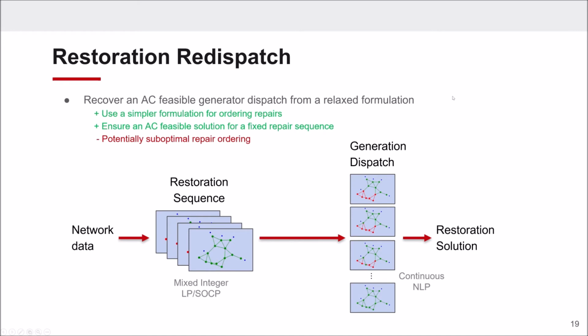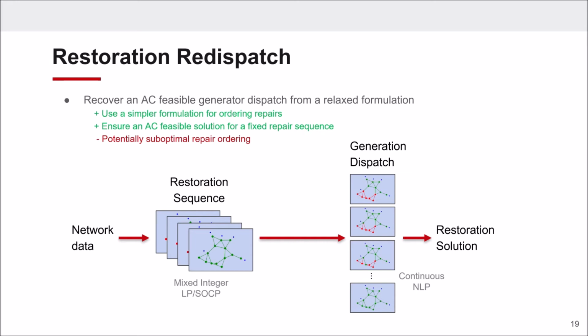Another algorithm we can take a look at is the restoration redispatch. The idea here is that if we can use a lower quality formulation in order to solve restoration ordering, and then recover an AC feasible generator dispatch from that relaxed formulation. This means that we can use a simpler formulation when ordering the repairs and effectively being able to solve it more quickly, but still ensure that the final solution is going to be AC feasible once we fix that restoration sequence.